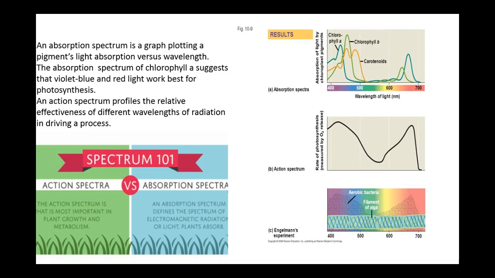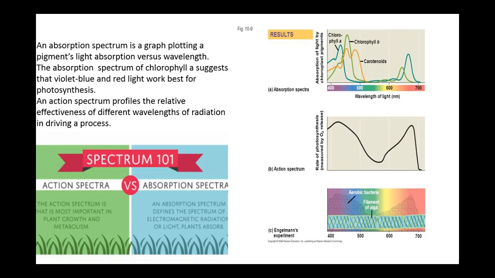The absorption spectrum of chlorophyll suggests that ultraviolet, violet blue, and red light work best for photosynthesis. So it's basically turning it into words, what part of the spectrum, as opposed to wavelength in numbers.